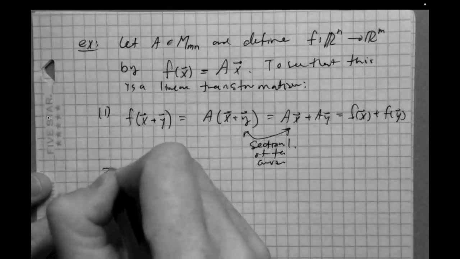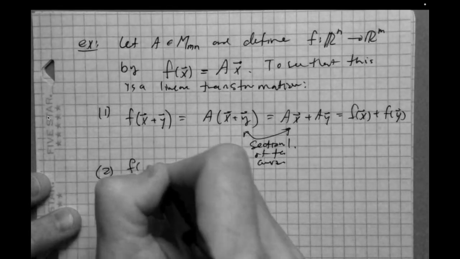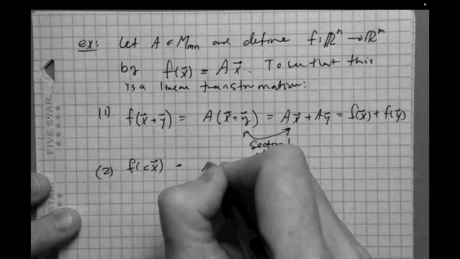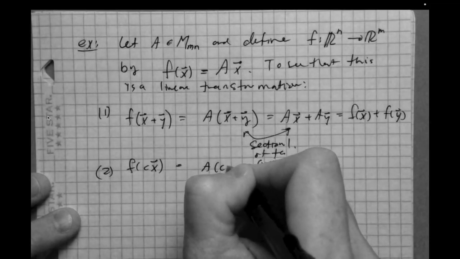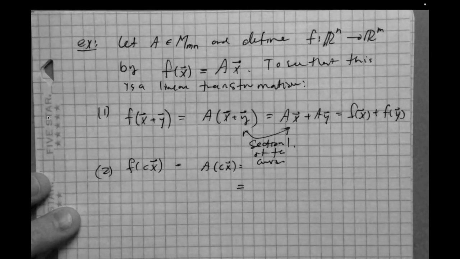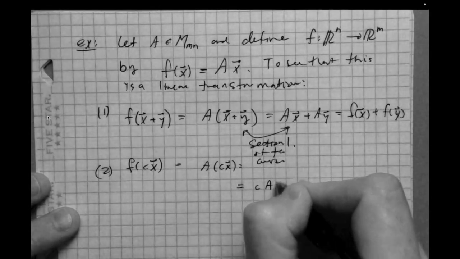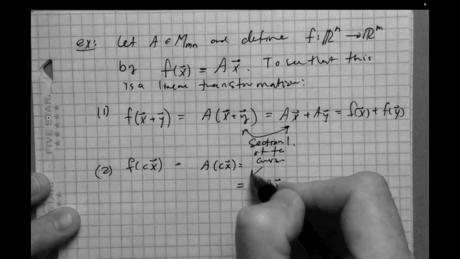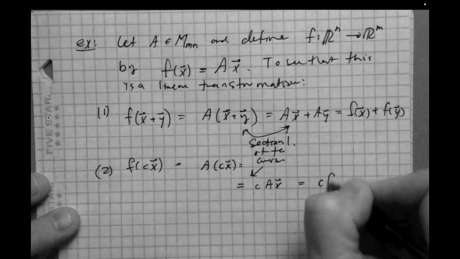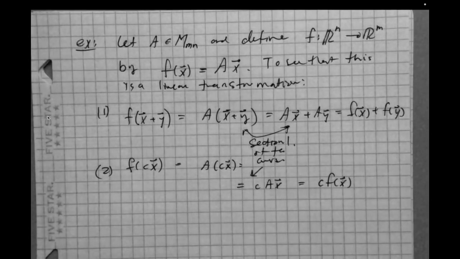And property 2 is the same idea. F of c times a vector x is equal to A times c times vector x, which is equal to c times A of x. Again, this is section 1 stuff. And so that's c times f applied to x.